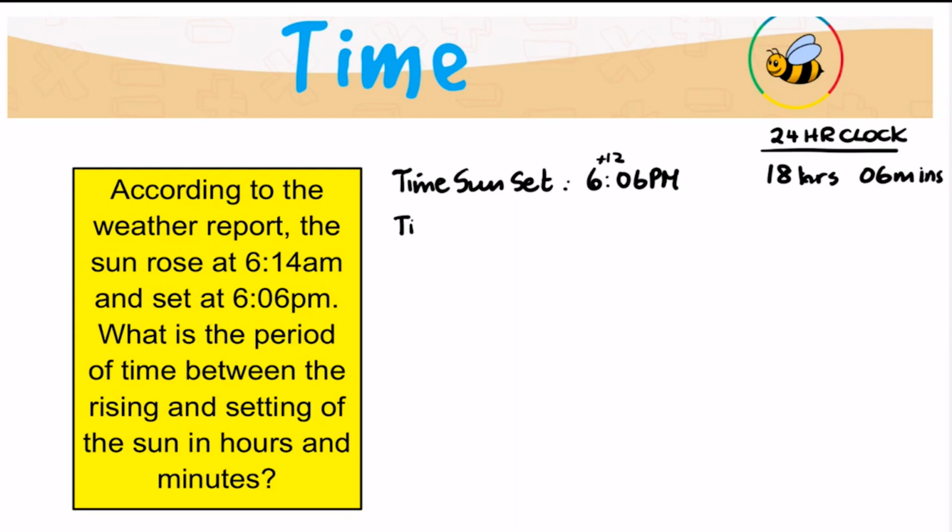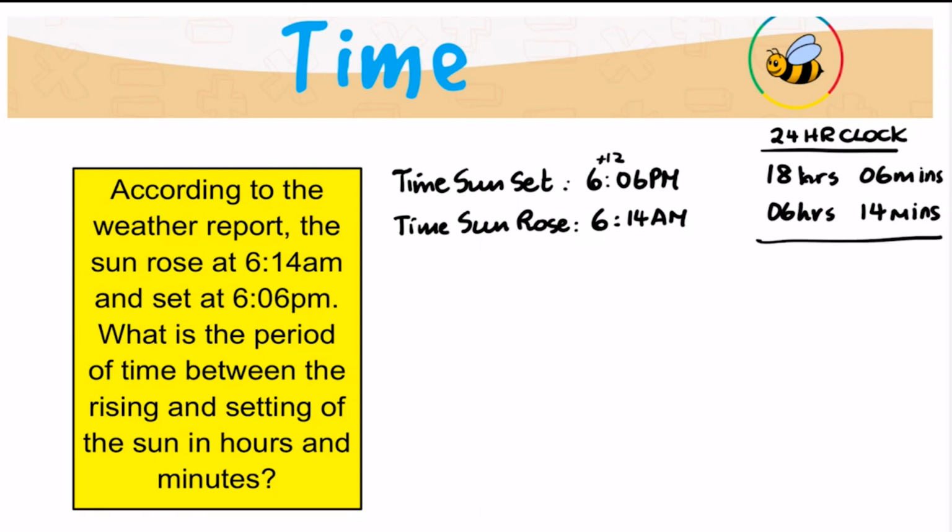Now, the time the sun rose was 6:14 a.m. Now, it's a.m., so on the 24-hour clock it remains as 06 hours and 14 minutes.